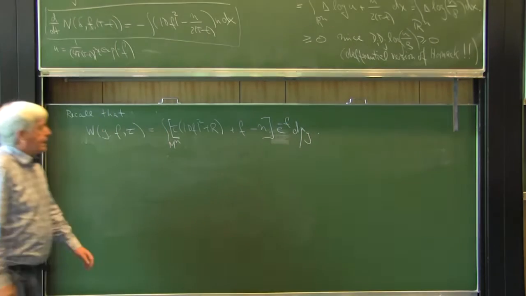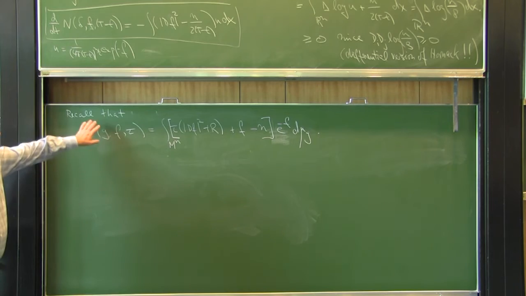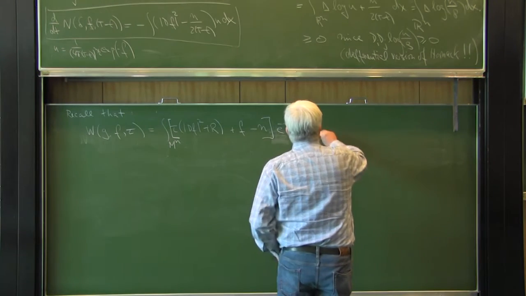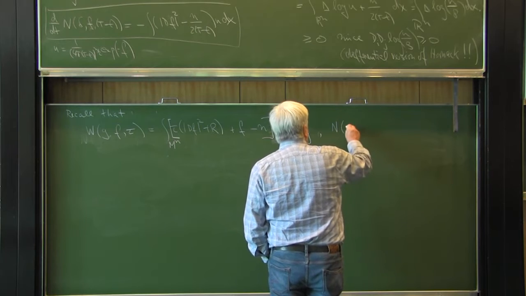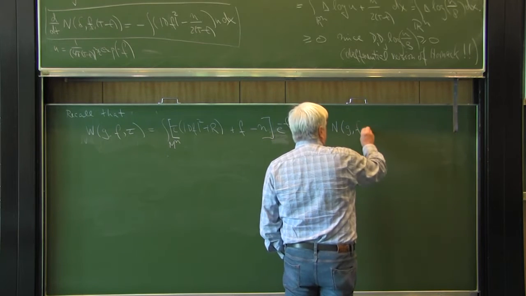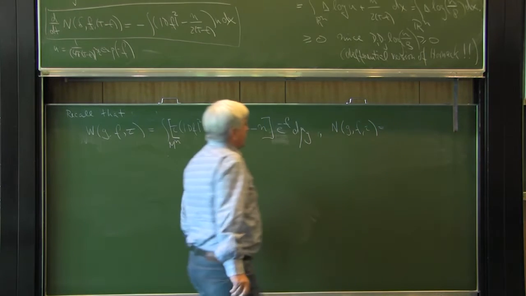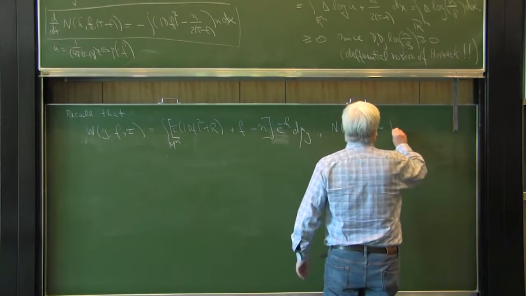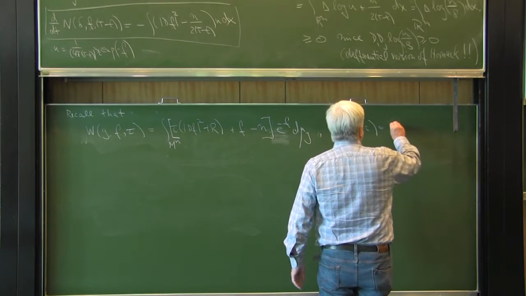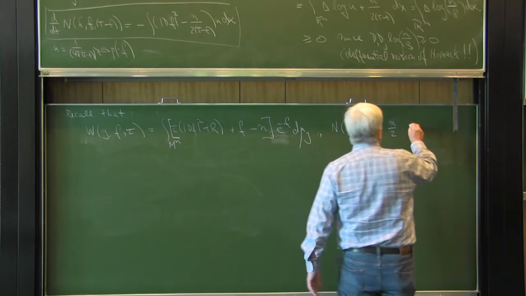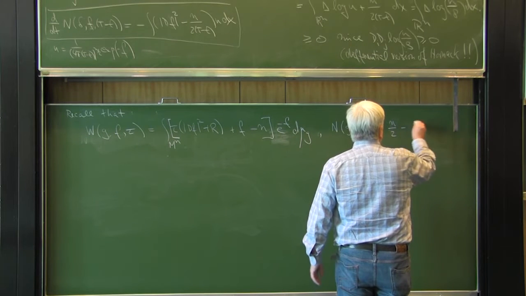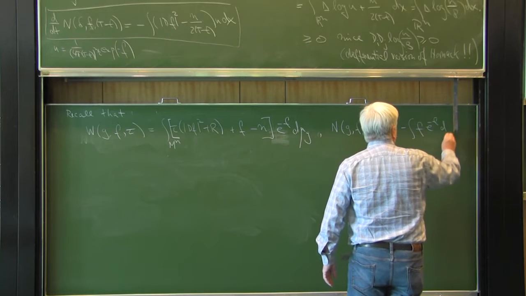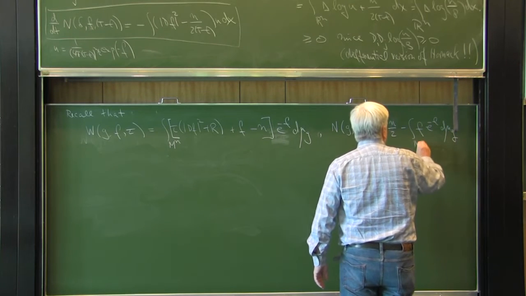Okay. This was the W functional, and we can write the N of g, f and tau as equal to the integral of n over 2 minus the integral of f times e to the minus f d mu g.